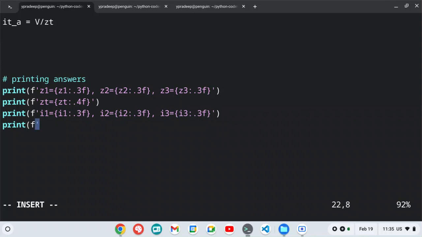Then I will say IT equal to, again 0 not required, and ITA. Okay, so two different methods we are calculating.